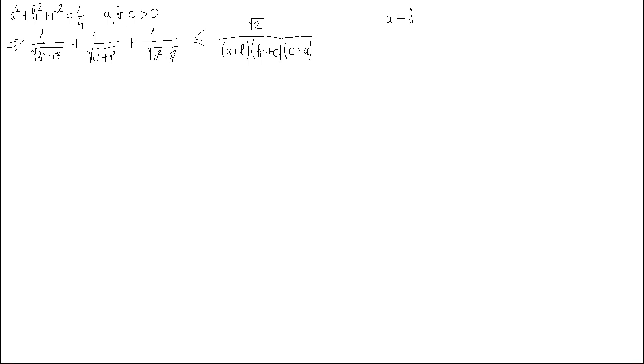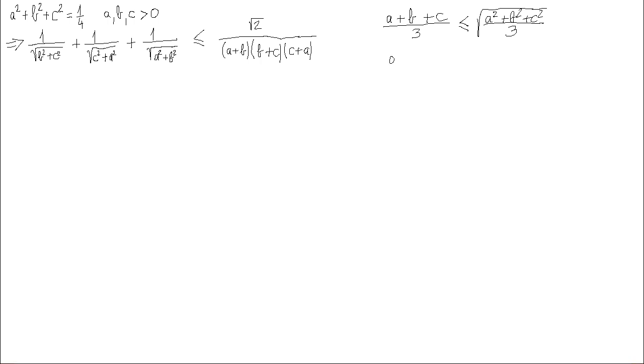This means that (a plus b plus c) over 3, which is the arithmetic mean, is always less than or equal to the quadratic mean, which is the square root of (a squared plus b squared plus c squared) over 3, valid for positive real numbers a, b, and c, which we have.